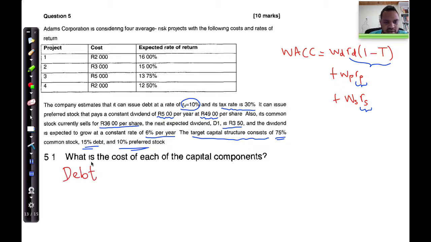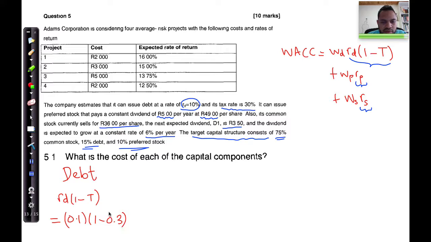And the cost of debt, or the rate at which lenders to us expect to be repaid, or the returns that they expect thereon, is RD multiplied by 1 minus T. Okay, and that can be inserted there. RD was given to us at 10%, so we can say that's 0.1, right, multiplied by 1 minus 0.3.